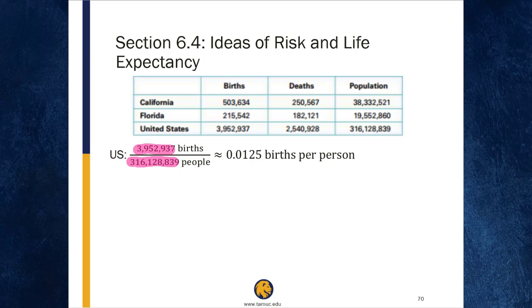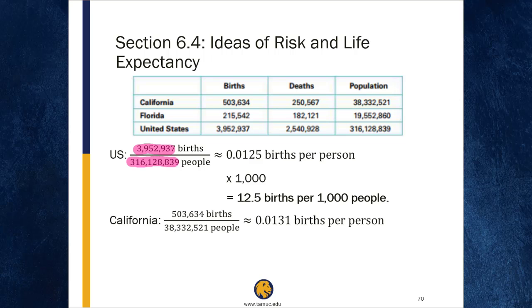Let's write this as the births per 1,000 people. If I multiply this by 1,000, it changes to 12.5, which is 12.5 births per 1,000 people. That's a lot easier number to read than that decimal above.